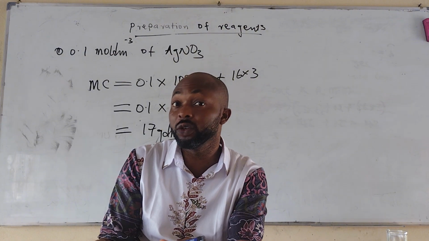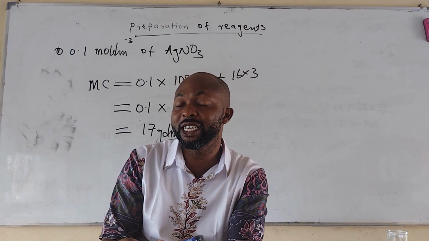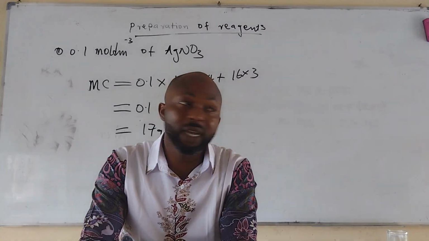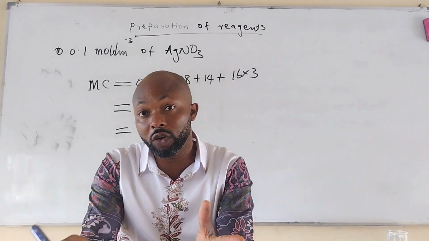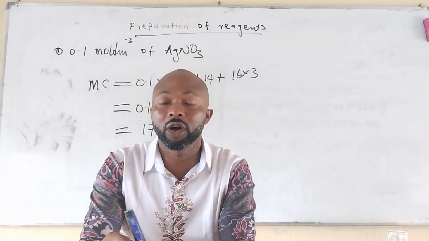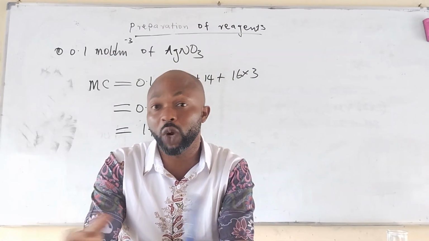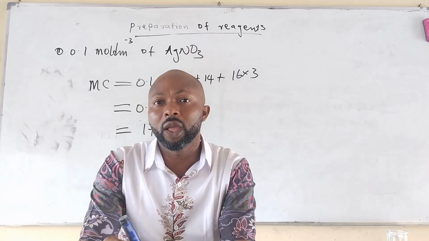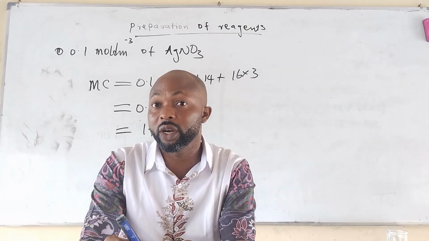Whatever value you get, you measure using your weighing balance and dissolve it in the required solvent which you are asked to use. After that, probably you've gotten what you're looking for. So this is all about what we are required to do.